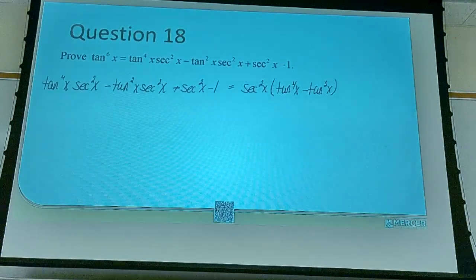Factor out a secant squared from the first two terms. And if you look at secant squared minus 1, that's just tangent squared, right, by Pythagorean identities. Secant squared, however, is tangent squared plus 1.